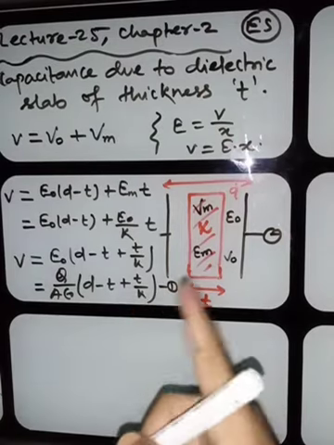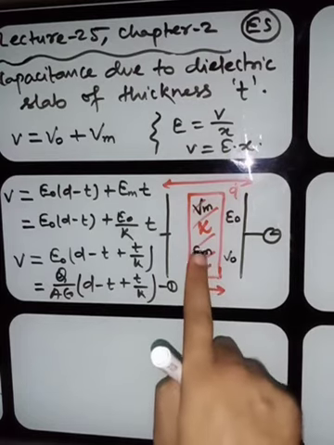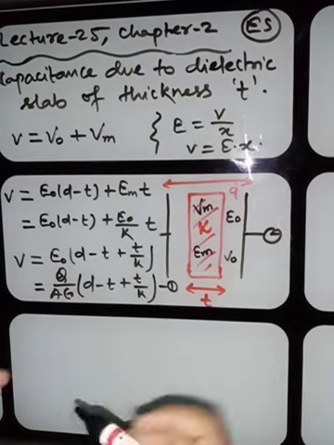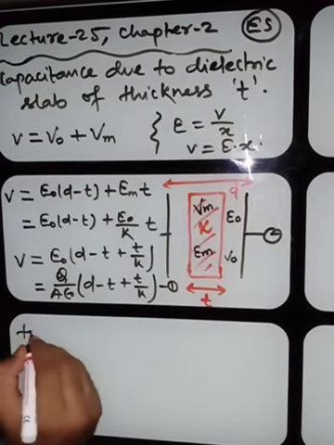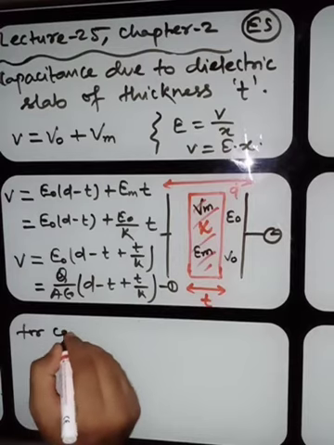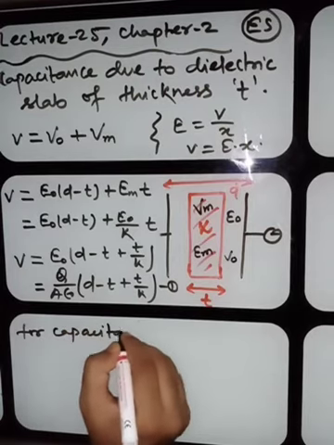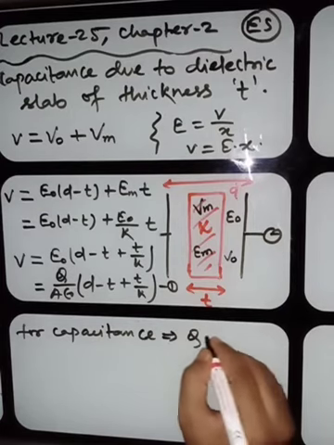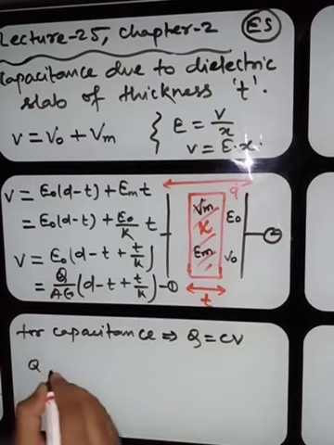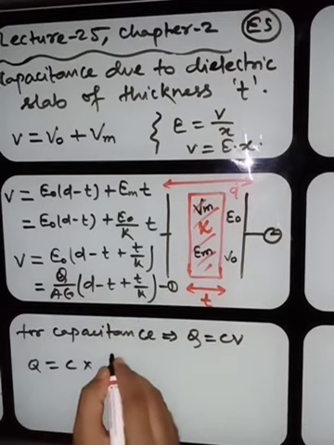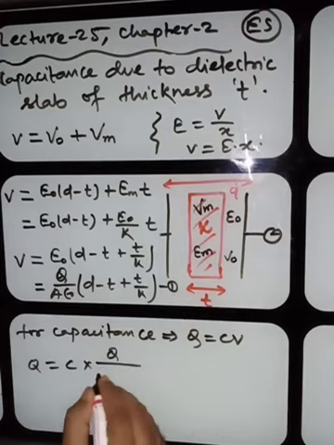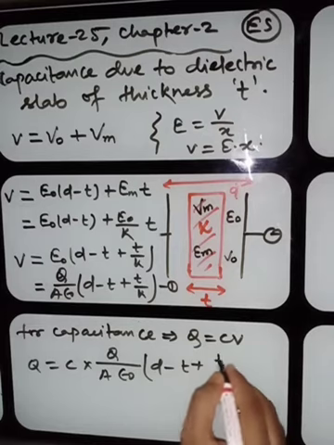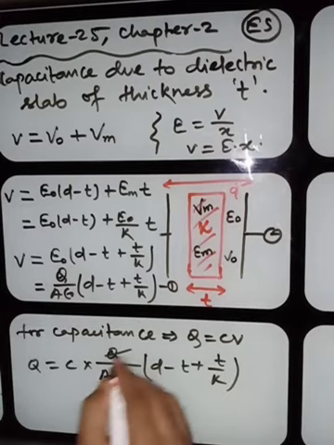For capacitance, you know that this is the capacitance of a parallel plate capacitor. For capacitance we can write Q equals CV. So Q is equal to C, and V is, from this equation, Q by A epsilon naught times (D minus T plus T by K).